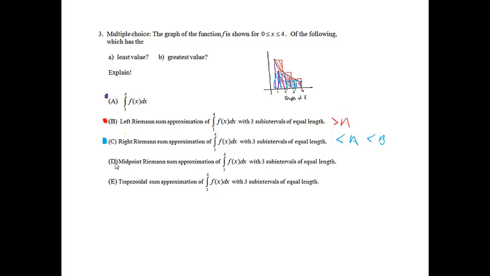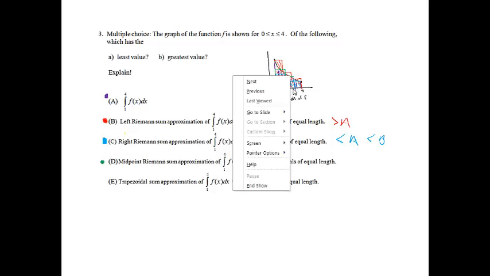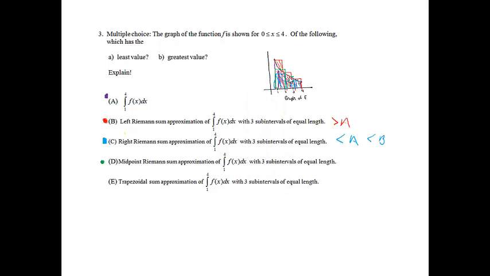All right, let's try midpoint sum. Midpoint, I'll let be green. Okay, if I do a midpoint sum, halfway between 1 and 2 would be right here. Halfway between 2 and 3 would be right there. This graph's getting pretty messy, but we can do it.